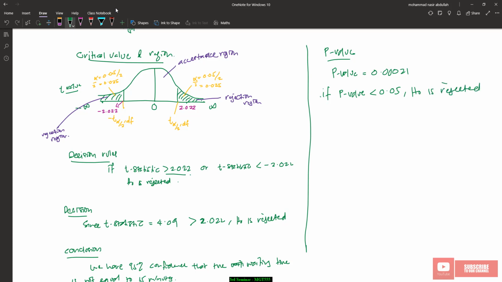So this is the decision rule, right? So since the p-value, which is 0.00021, is less than 0.05, the null hypothesis is rejected. So the conclusion will be the same. Okay. So this is for example number 5.2, page number 85.